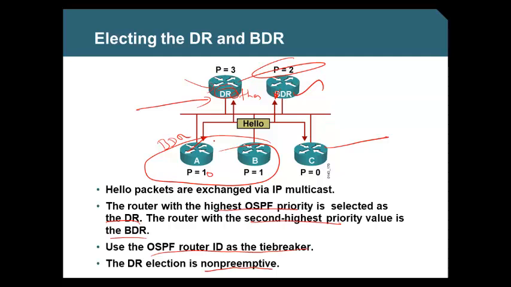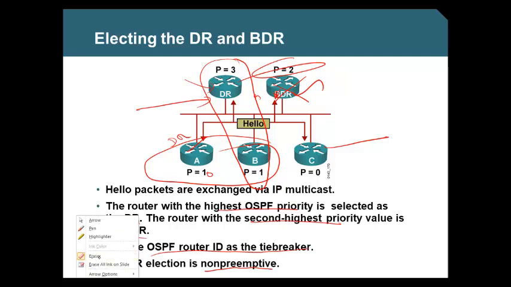And this guy says, I am having priority 3, so I will be a BDR. That's it. You see? This is how the non-preemptive election process works.